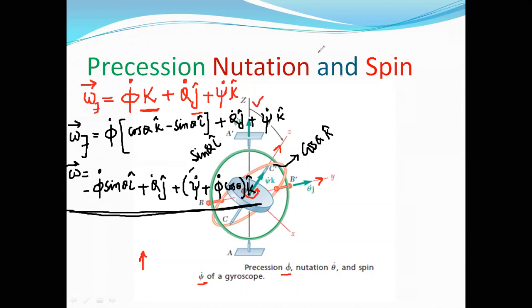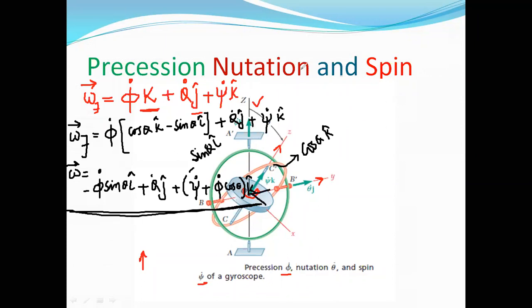Now, as far as the axes that we have selected are concerned, as far as this capital X, capital Y, and capital Z are concerned, they are selected in such a way that capital X was passing like this, capital Y was also transverse, and capital Z was along the capital Z axis.